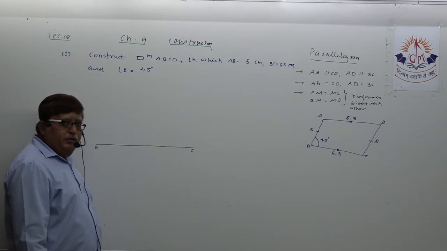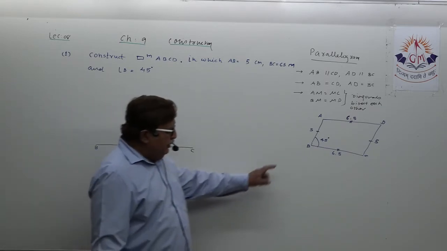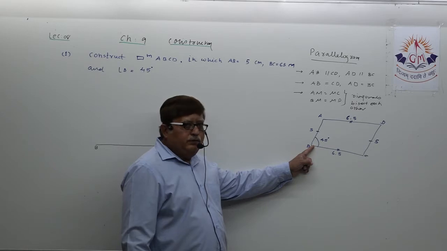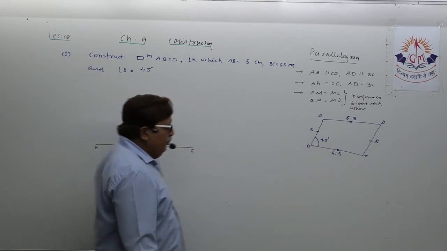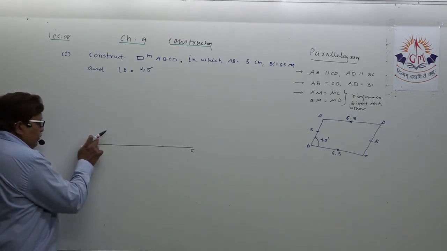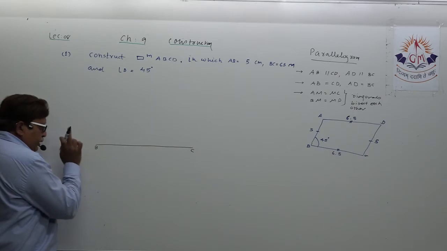You must have drawn it in your book. Now our next target is this. Angle B is given 45 degree. That means now your target has to be to construct angle B of 45 degree here.